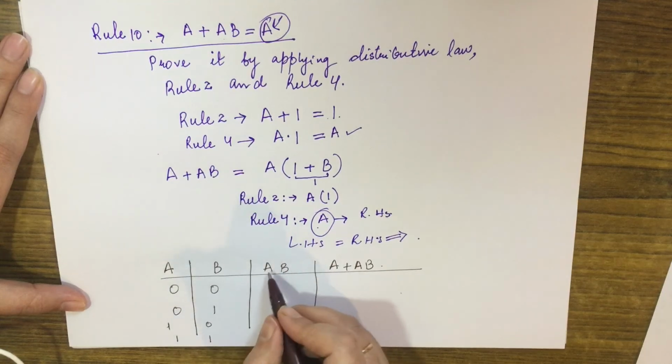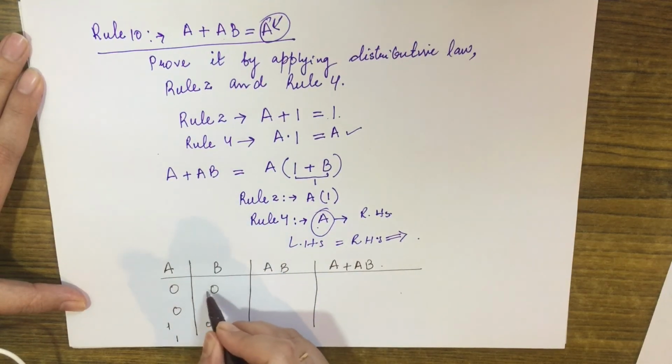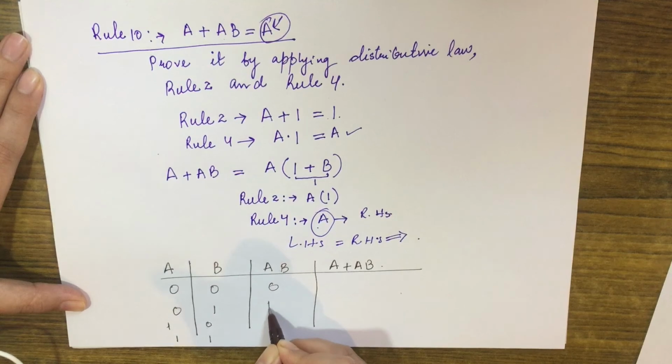Now we have to do a and b. 0 and 0 will be equal to 0, 0 and 1 will be equal to 0, 1 and 0 will be equivalent to 0, 1 and 1 will be equivalent to 1.